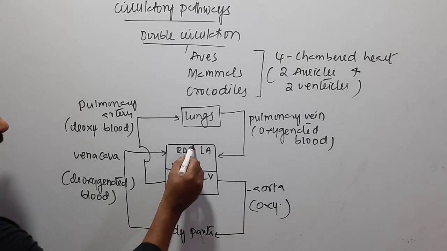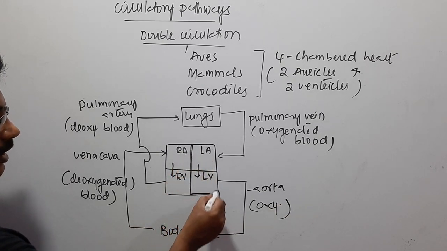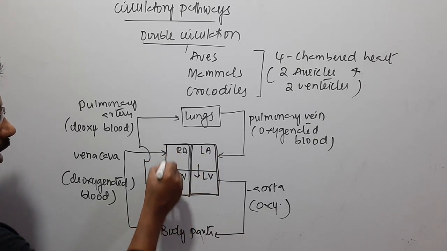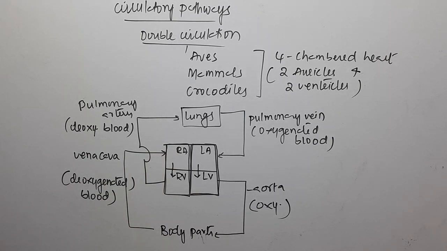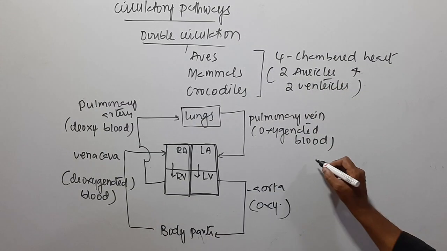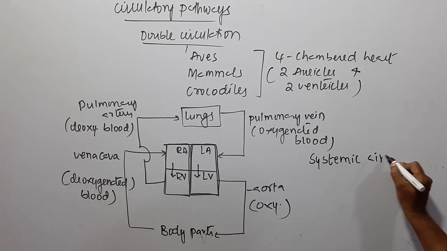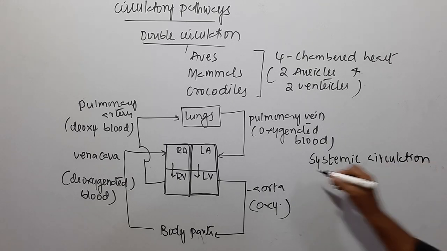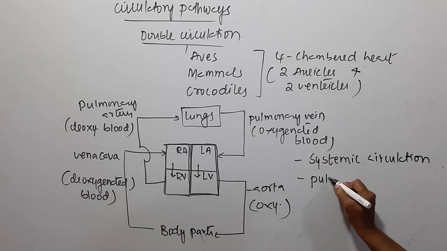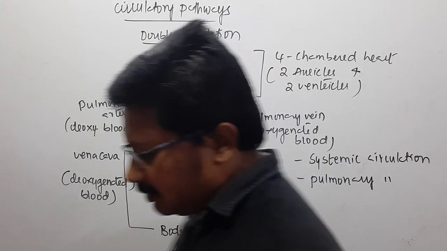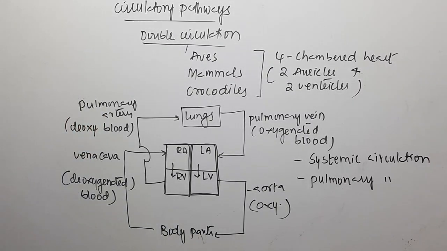If you see, the left side of the heart always carries the oxygenated blood, and the right side of the heart will carry the deoxygenated blood. So here you find actually two circulations, right? One I call systemic circulation, and another called pulmonary circulation.